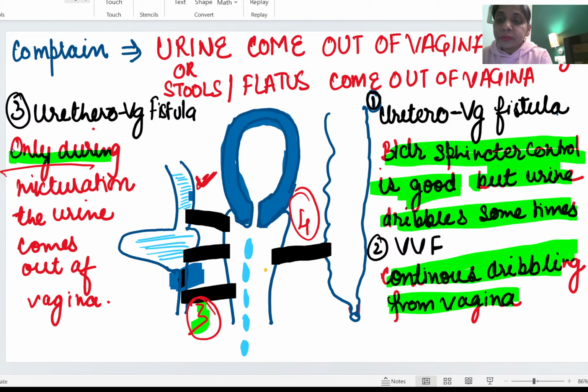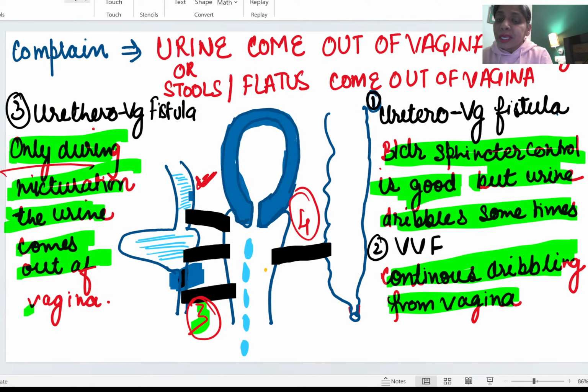As you know, the urine comes in the urethra only during micturition, so only during micturition the urine comes out of the vagina. So this is how, on the basis of history, you will differentiate these three fistulas.